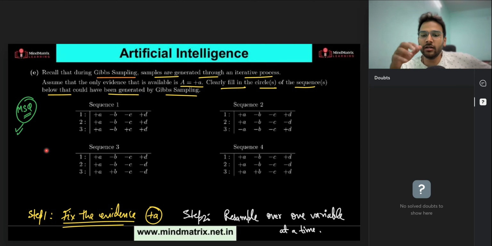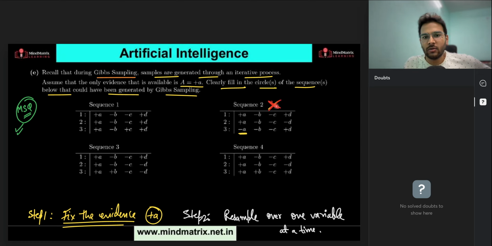Just by looking at it, you can find out that this is not possible. Focus on step 1, fixing the evidence. I'm giving you the hint. Exactly. Sequence 2 is not possible. Why? Because you have minus A. This cannot be possible because you are fixing the evidence. So sequence 2 is not possible here.